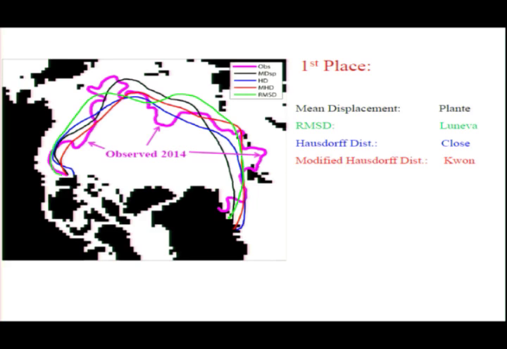But the second point I would like to make is that most of the predictions had very tiny differences between their rankings, so they're very, very close. On this slide, the magenta line is the observed ice minimum, and the colored thin lines are the best predictions based on these methods.